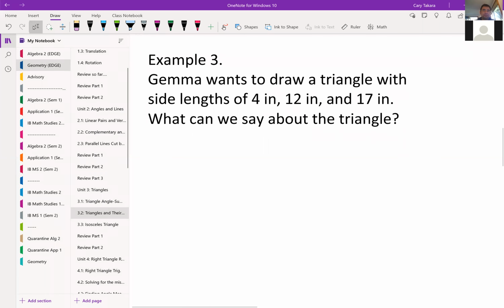So Gemma wants to draw a triangle and she's got 3 sticks, 4-inch, 12-inch, and 17-inch. Will she be able to form a triangle? Now there is an easy step to figure this out. So I'm going to write it down.